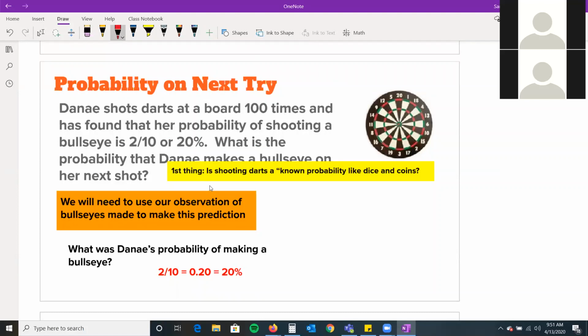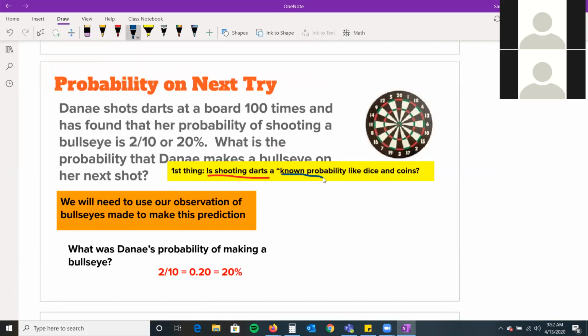Okay, so first thing, is shooting darts a known probability like dice or coins? What do you guys think? I want you guys to go ahead and answer that in the chat.